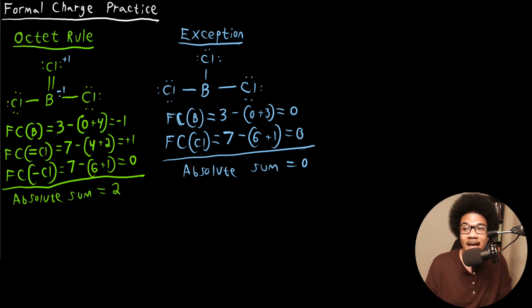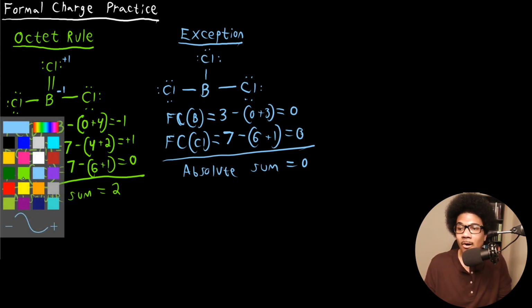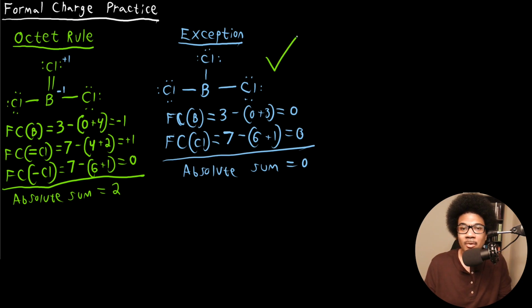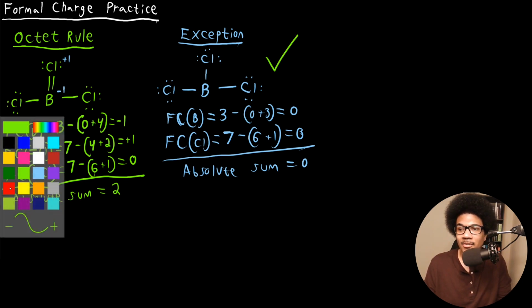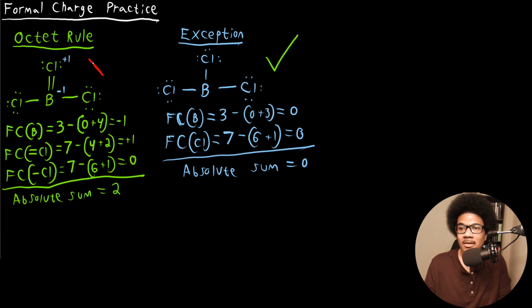And in this case, it's not. This negative charge is residing at the least electronegative atom. And it has a higher absolute sum of formal charge than this structure. So in all respects, this structure is going to win out. And this structure can be eliminated as the most stable structure.